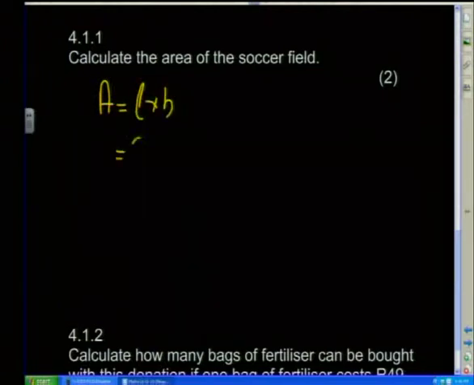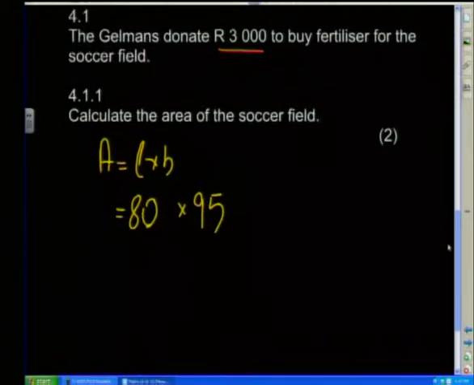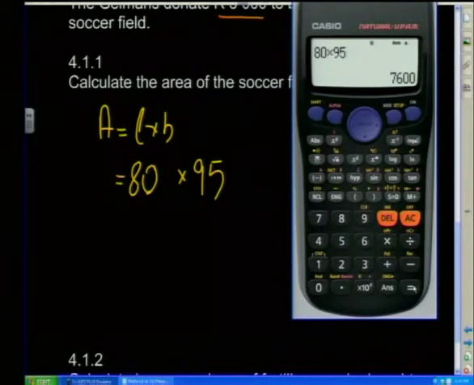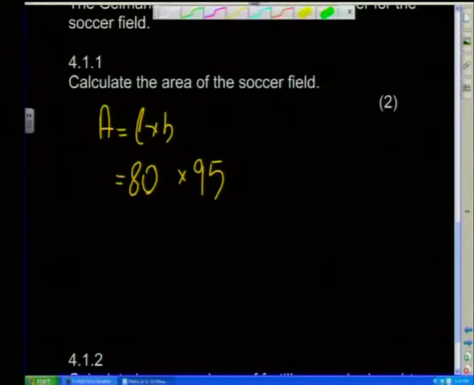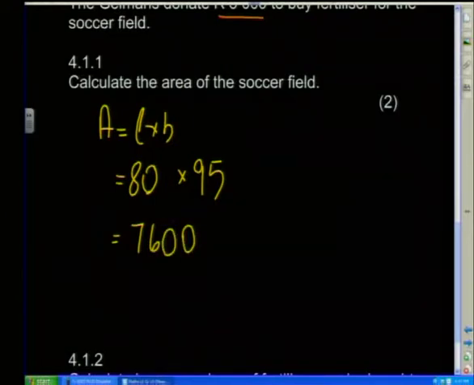So my length was 80 meters times 95. In fact, I'm leaving these meters out. 80 times 95, and I need a calculator for that. So 80 times 95 is 7,600, and now I need my units. So what do we got? Meters squared.